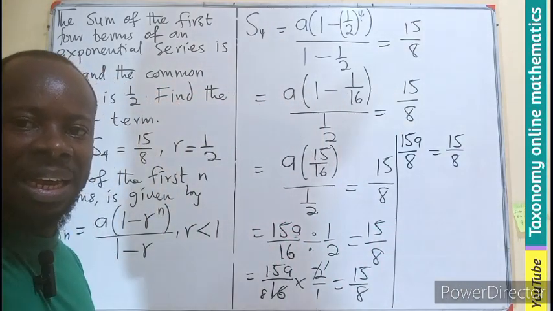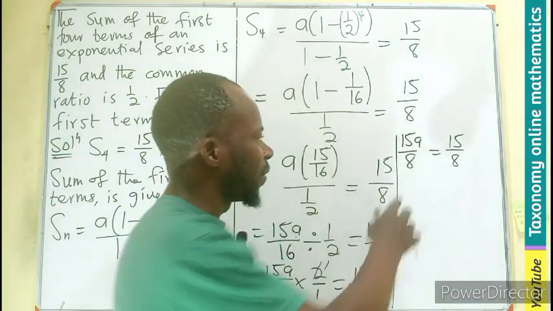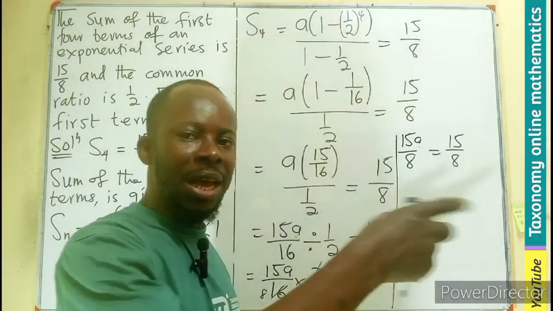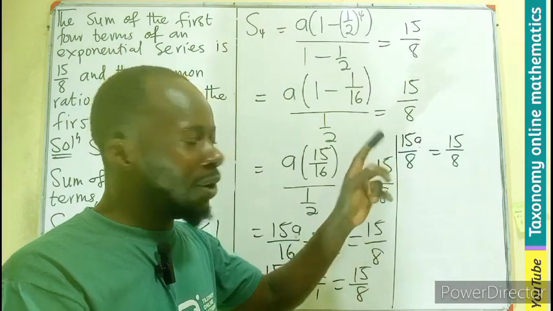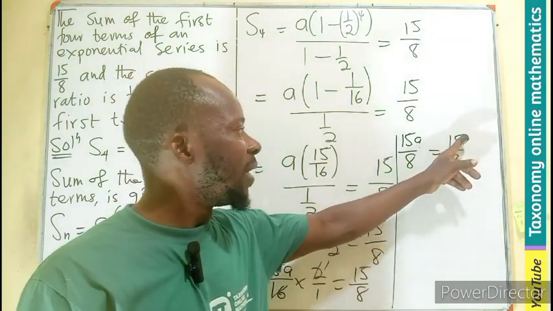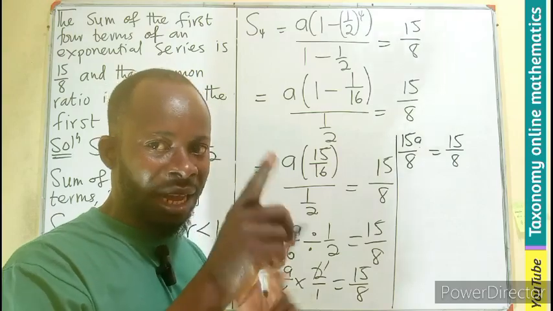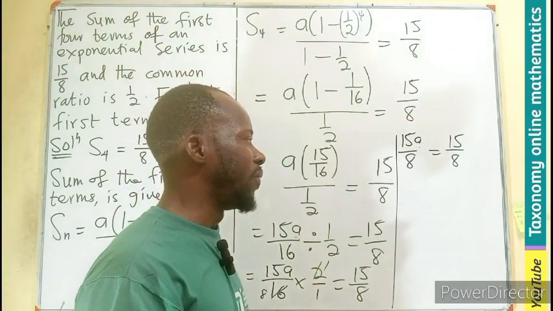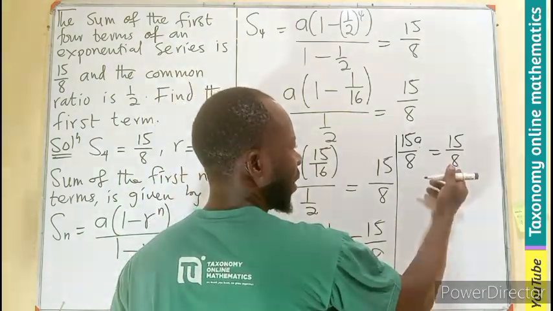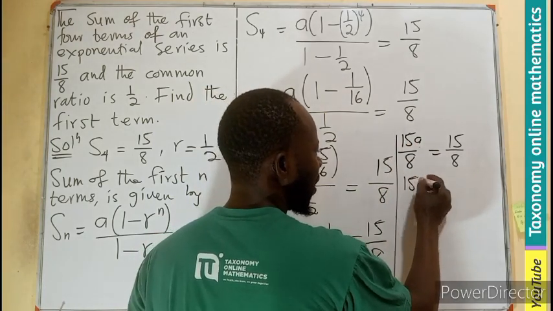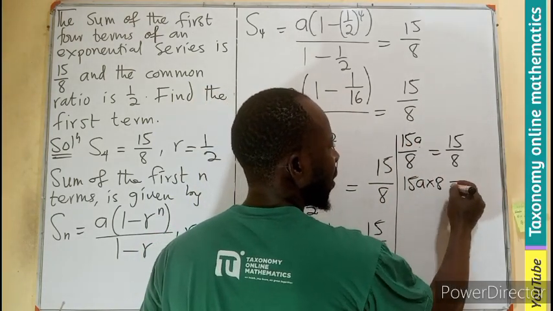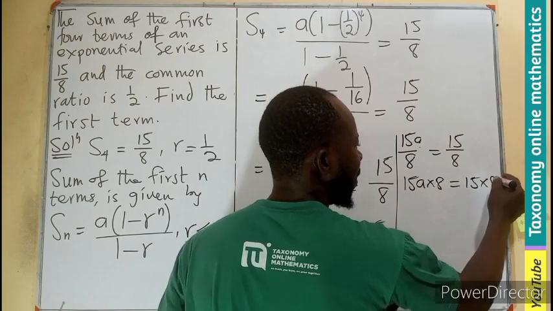If we check carefully, this is the same as this, the same denominator, so the numerators must be the same. I'm seeing 15 and 15, which means a is going to be 1. But let's see if we can cross multiply. This times this will be 15a times 8 equals 15 times 8.